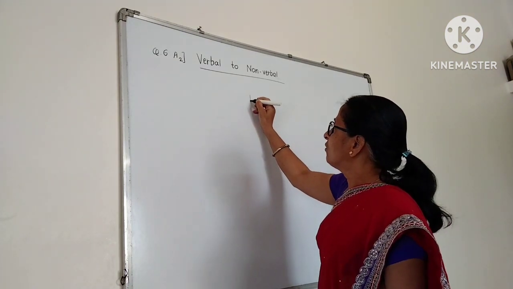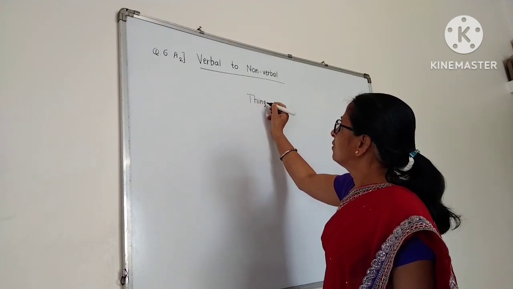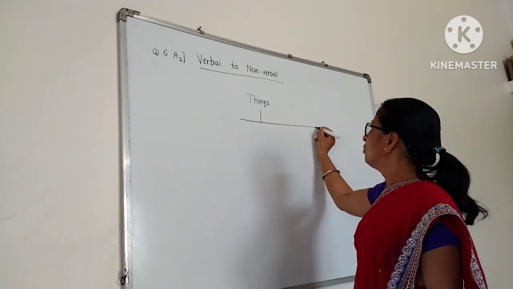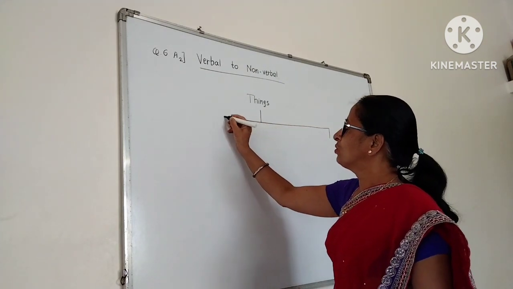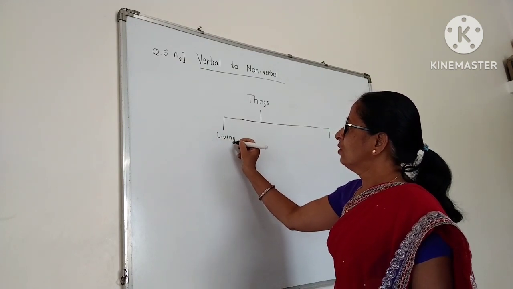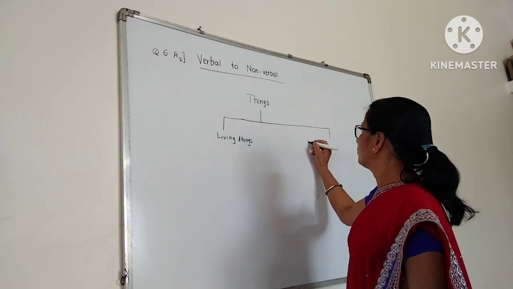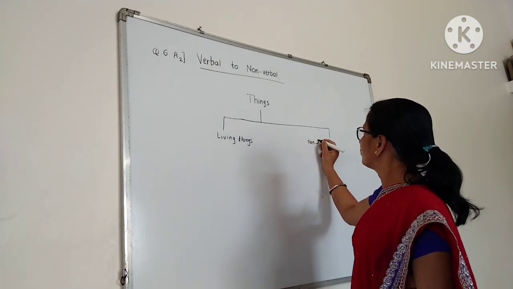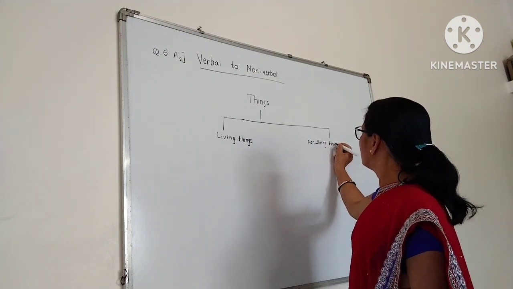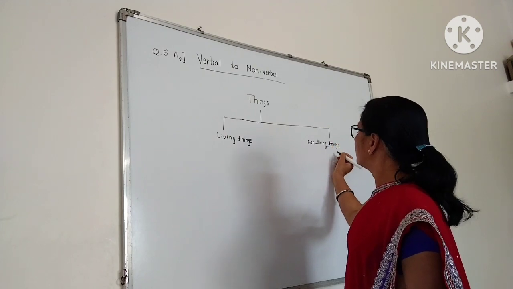Things in our surrounding are divided into two main groups, that is living things and non-living things.